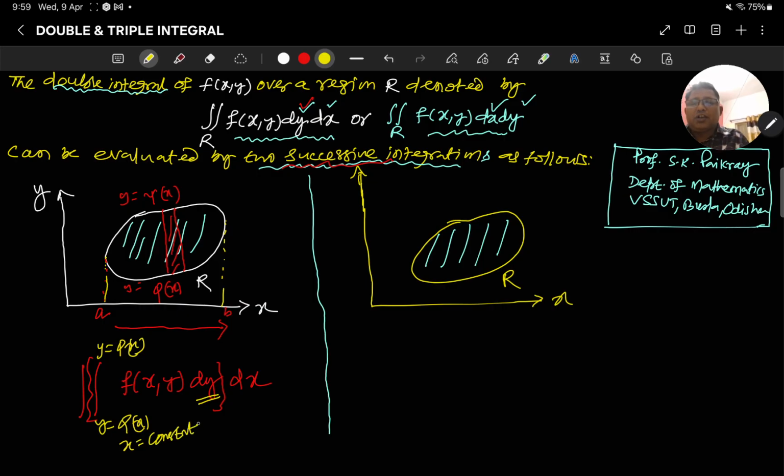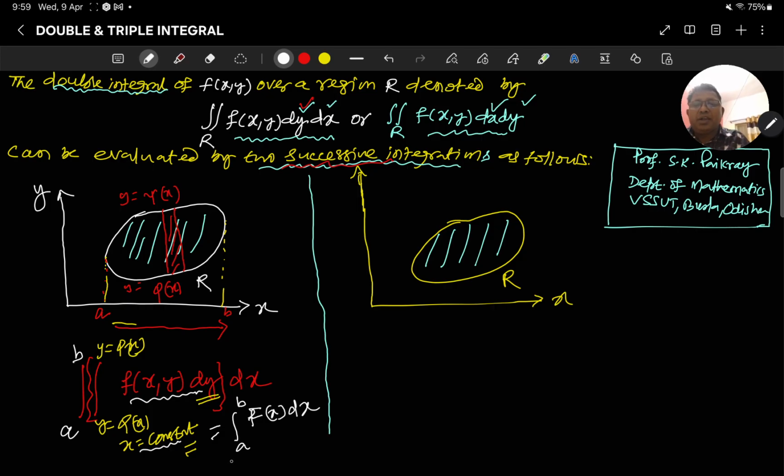After this evaluation, this vertical strip slides from the left point A to the right point B. So it slides from A to B. Now if we evaluate this inner integral, keeping the opposite variable x as a constant, this integral from A to B will simply be a function of x, suppose it is f of x dx.